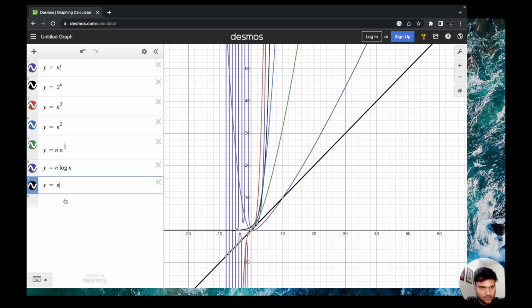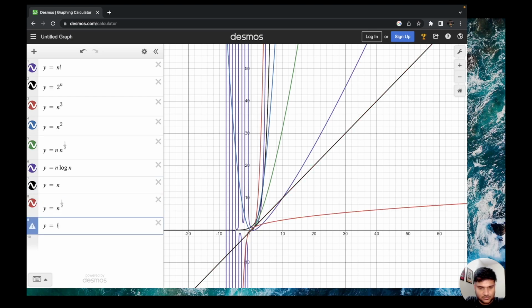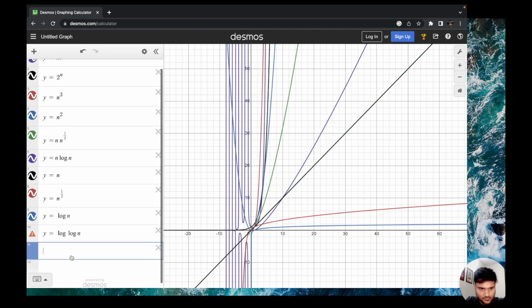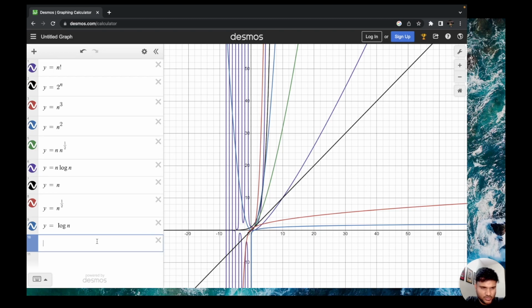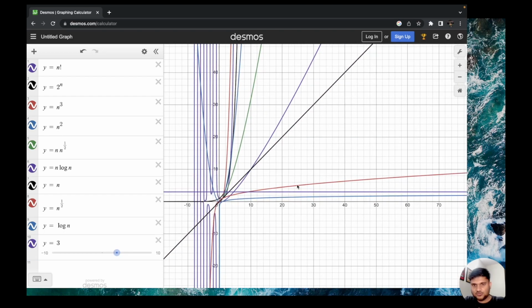Then y is equal to n, y is equal to root n, y is equal to log n, and then there will be y is equal to log of log n, but we can even avoid it, it's very similar to the others. And let's say y is equal to some constant c. You can put the value of c as anything, let's say 3. So these are different curves.